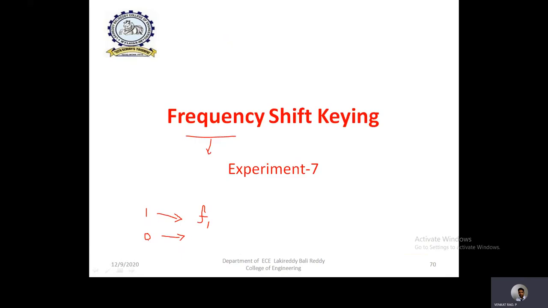Similarly, if the input is binary 0, it will produce the carrier with a different frequency, F2. Generally F1 is greater than F2. That means in one bit duration it will produce a high frequency carrier, and during another bit, a lower one.